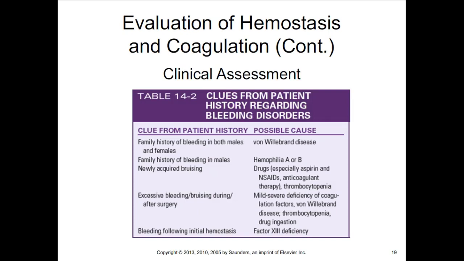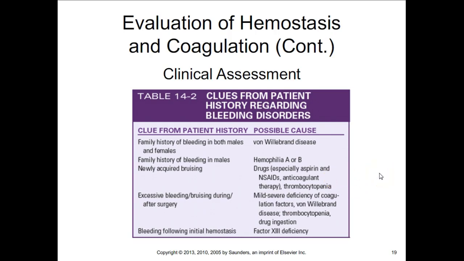As you can see here, clues from patient history, right? So family history of bleeding in both males and females might lead you to von Willebrand disease, which is a different type of cause that is not going to be related to hemophilia A or B, which are going to be primarily X-linked. So these are obviously more of a recessive gene, right? And then newly acquired bruising might lead you to think that maybe they're on drugs, especially aspirin, since it also does prevent some coagulation from occurring.